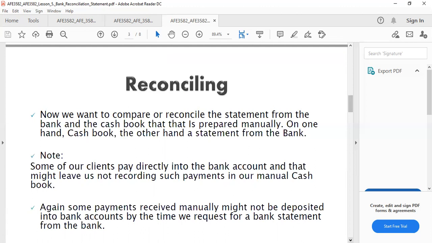Then you will have to compare it with your cash book because the amounts need to be the same. If you have 5,000 on your bank statement, then you should also have 5,000 in your cash book. On one hand, the cash book, and on the other hand, a statement from the bank.